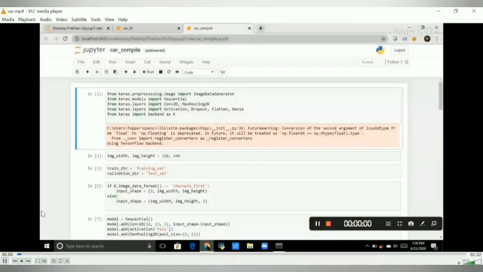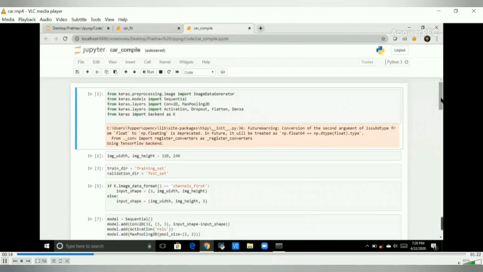We have created 2 CNN models. First is a car compile model, in which Python libraries such as OpenCV and Keras are used. Here, height and width are detected by capturing the image of the car with a USB camera.